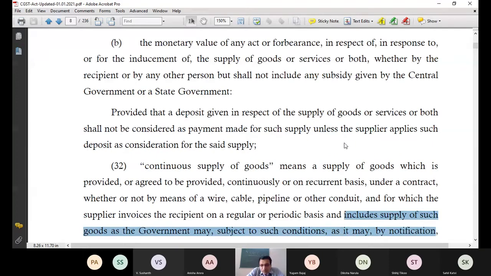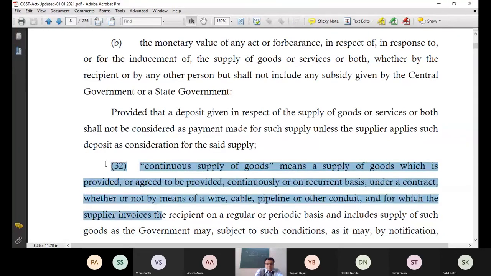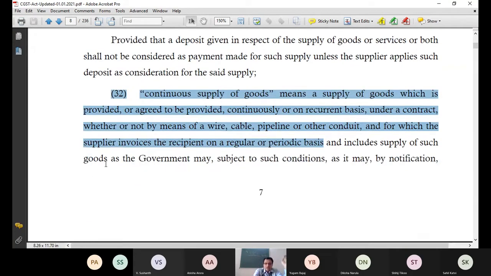That means continuous supply of goods includes supply of such goods as the government may, subject to such conditions as it may, by notification specify. So the first portion defines continuous supply, and another portion says any supply of goods government can notify any time to be a continuous supply of goods. That's it. This is what continuous supply of goods is.